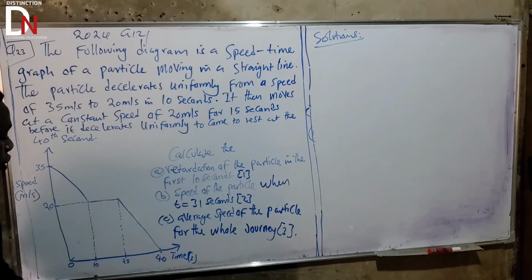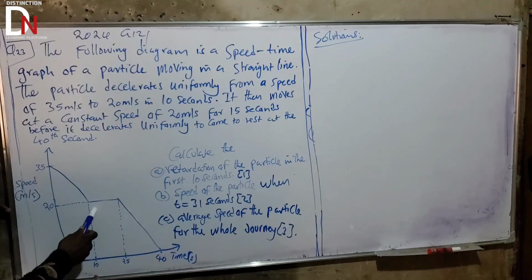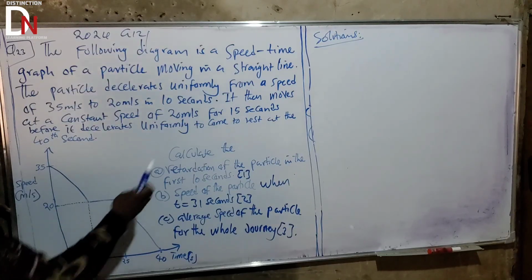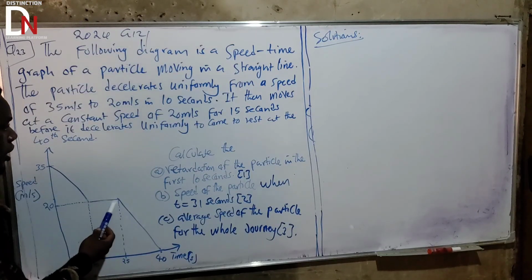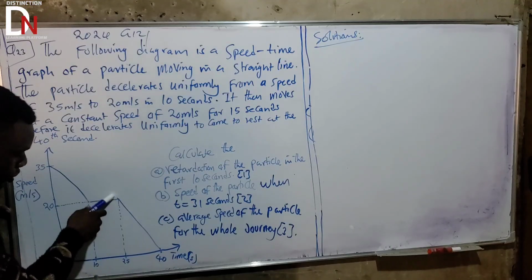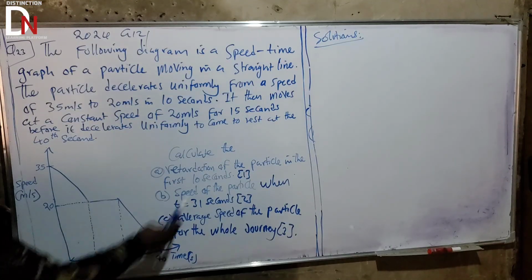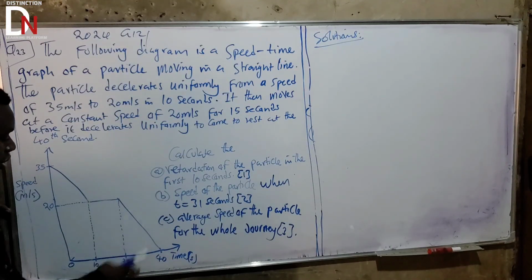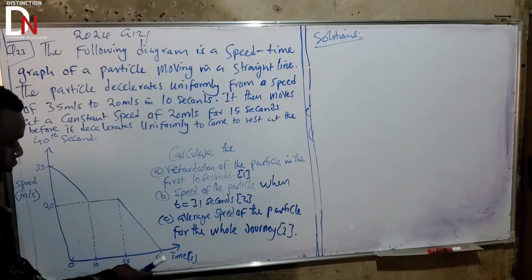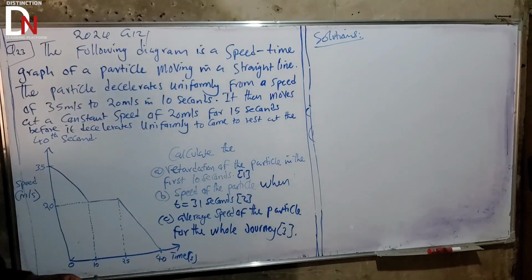So when it moved with a constant velocity, which was 20 meters per second, it then decelerated uniformly for another 15 seconds, which is 25 plus 15, and it took 15 seconds to decelerate.